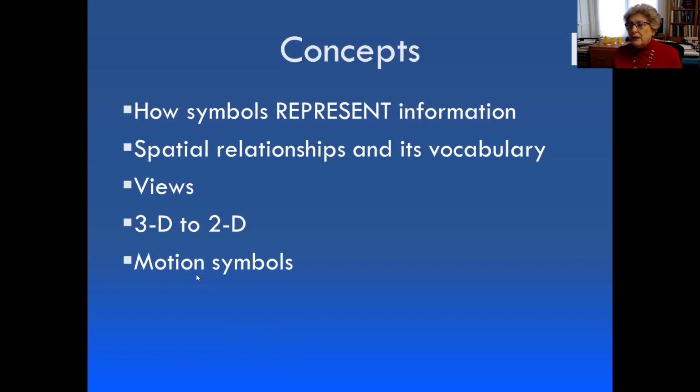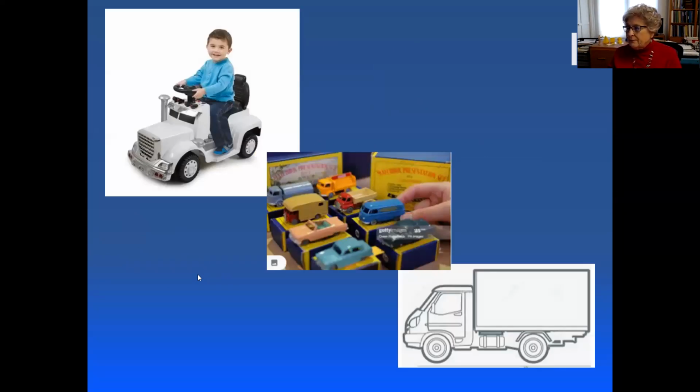Another 3D to 2D activity is in looking at pictures of cars or trucks. In the first picture at the top, this young guy is sitting on a toy car that you can ride, a riding kind of thing. It's not a car, it's a truck.